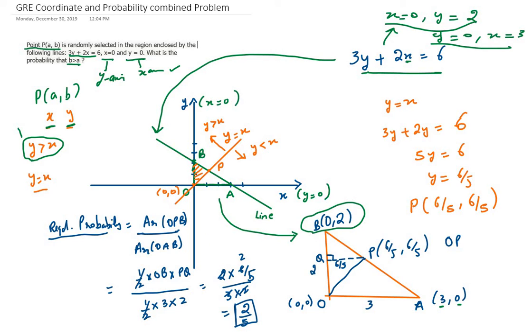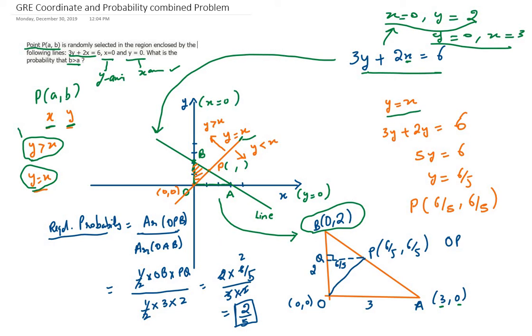So what we did, we drew the line y is equal to x. This line passes through 0, 0 and through some point P whose x and y coordinates are both equal.